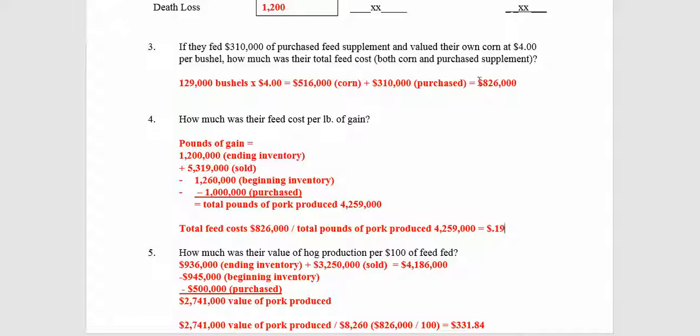We know that we spent $826,000 in feed. Well, how many $100 is that? Because it says per $100. Well, what we do is take our total feed cost divided by 100, which gives us $8,260 in $100 units. We take our total value of pork produced divided by the total feed cost divided by 100 to get $331.84 of pork produced for every $100 in feed.